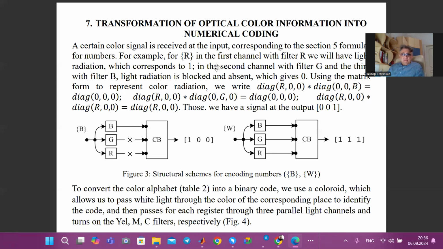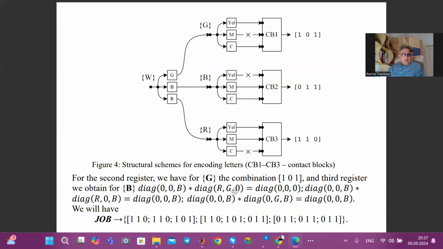This formula demonstrates this mathematical description, and we have an output signal of 0, 0, 1, and we demonstrate formulas for other combinations of colors. This is the structure scheme for encoding letters, including contact blocks.